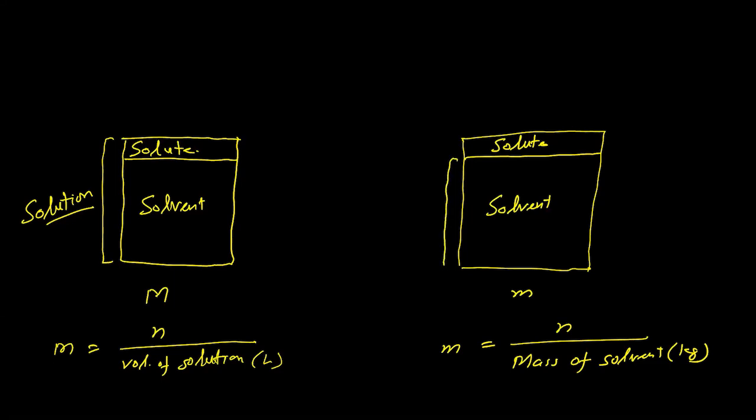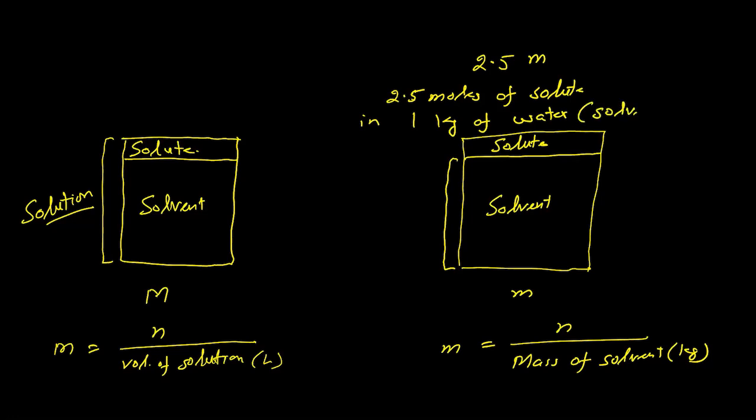Now, if a question says 2.5 m, it means there are 2.5 moles of solute by definition in 1 kg of solvent. This water is solvent only, not solution.